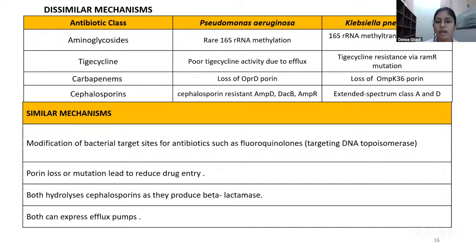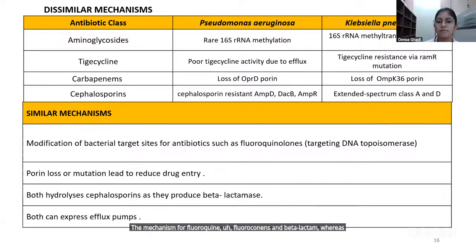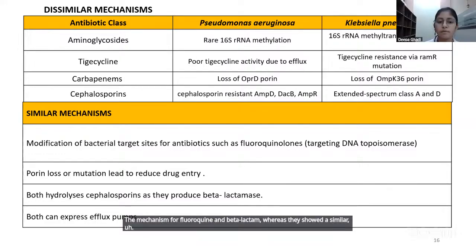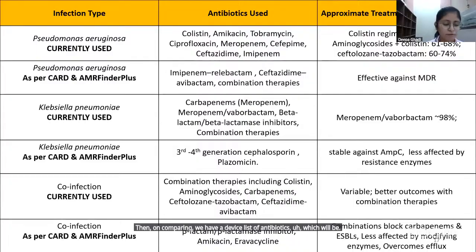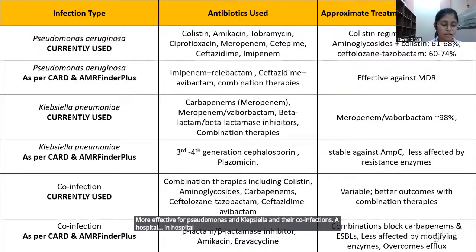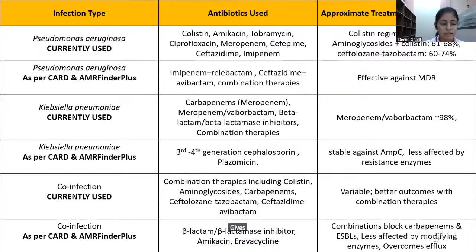They showed dissimilar mechanisms for fluoroquinolones and beta lactam, whereas they showed a similar mechanism for aminoglycoside, tigecycline, carbapenem, cephalosporins. Then, on comparing, we have a devised list of antibiotics which will be more effective for Pseudomonas and Klebsiella and their co-infections in hospital-acquired settings, so that it results in easy recovery.